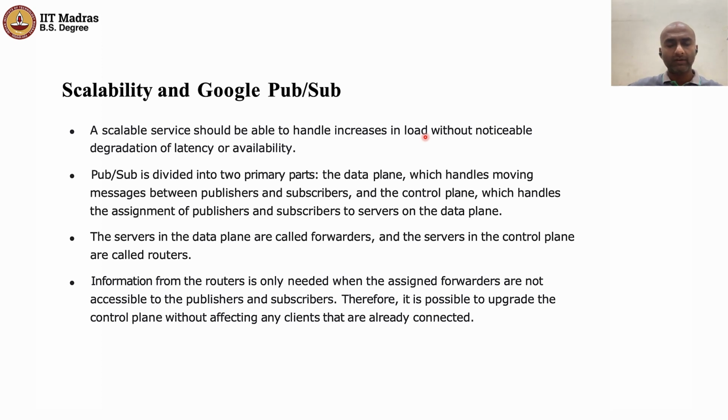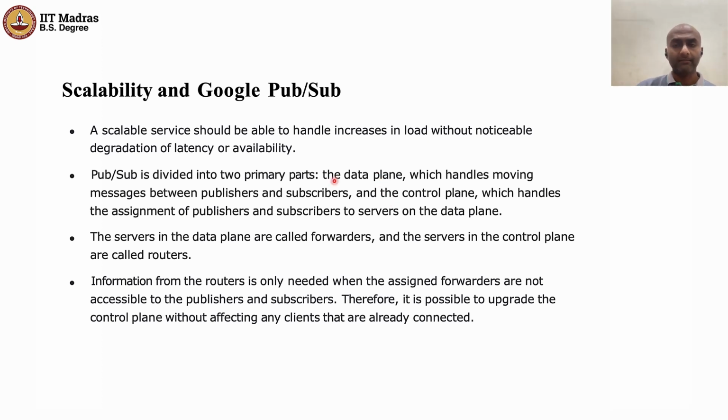PubSub actually has 2 different internal components. The first is what's called the data plane, and the second is what's called the control plane. The data plane is the plane, think of it as a 2-dimensional or 3-dimensional plane on which all the data processing happens, all the data movement happens. So the data plane is what is responsible for connecting the publisher to the subscriber through the subscription and the topic, right?